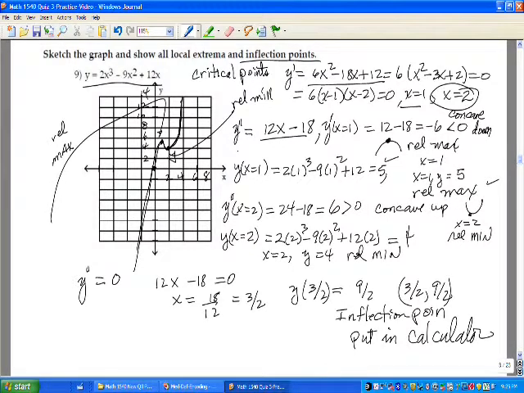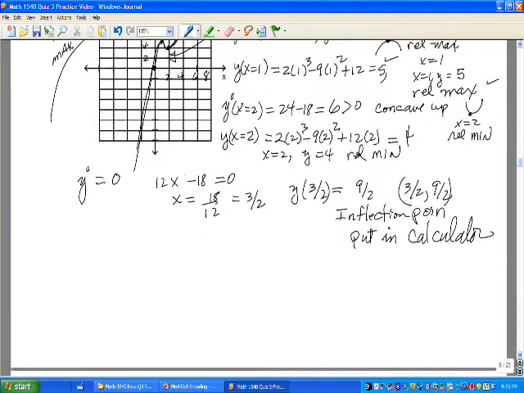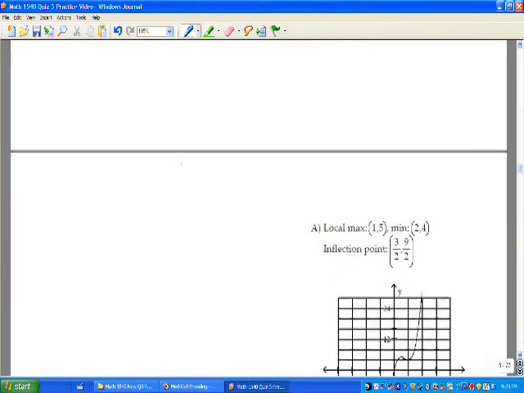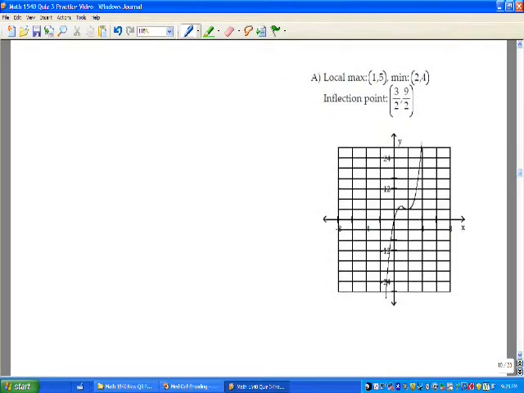Looking on the next page, you'll see a little prettier graph. It's answer A. Relative max at 1 and 5, and a relative min at 2 and 4. And as we said, an inflection point at 3/2 and 9/2. So the inflection point is right here in the middle between the min and the max. And that is number 9.